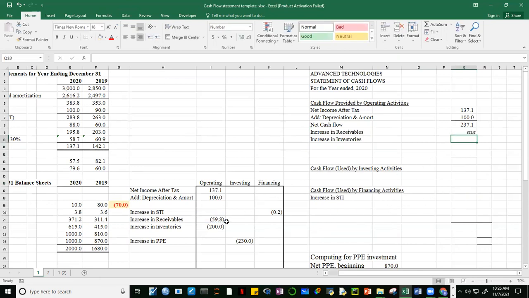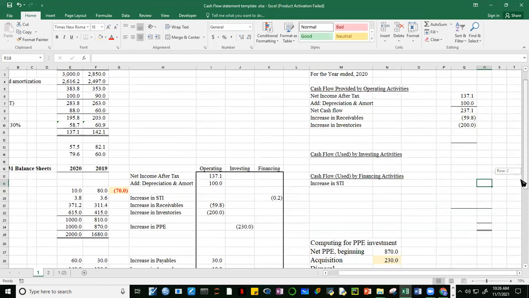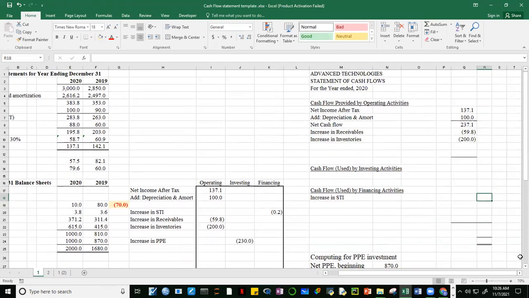Then go to this one. Okay, then I think we overshot this.